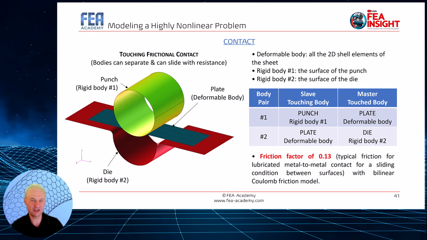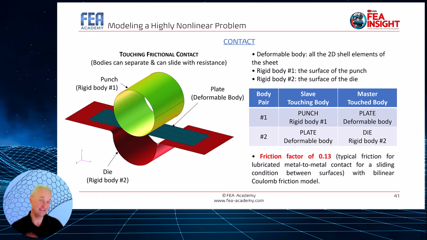A friction factor is defined for all the contacts with a bilinear Coulomb friction model. This friction factor is a typical value obtained by test for lubricated metal-to-metal contact for a sliding condition between surfaces.